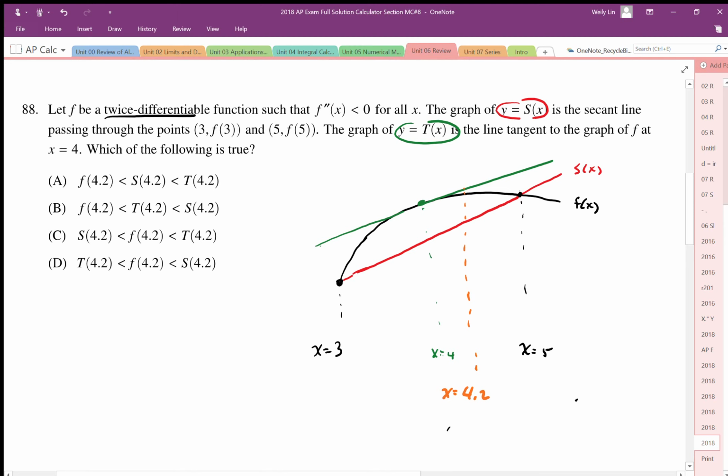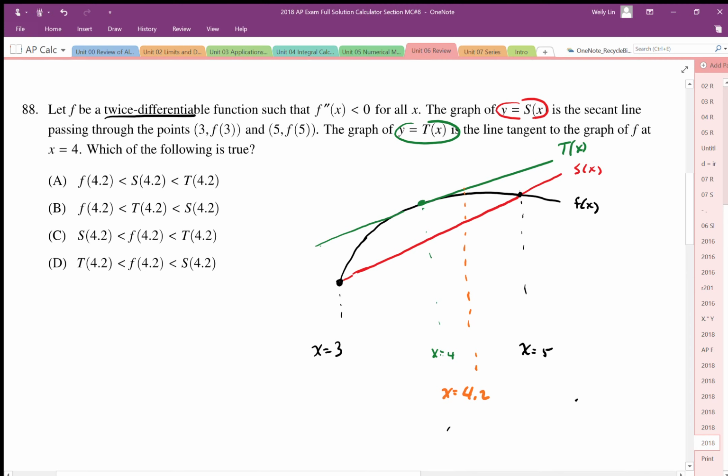And we can clearly see by this graph here, this green is t of x, and t of x is going to be above f of x because of the concavity. And the secant line s of x will always be below the values of f of x, regardless of the position, because of the concavity as well.